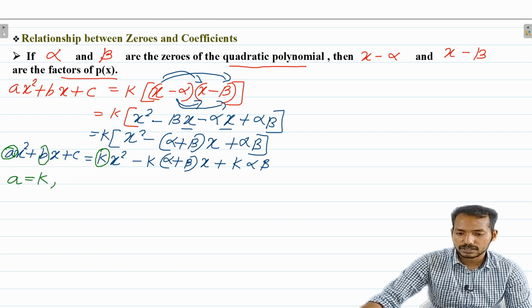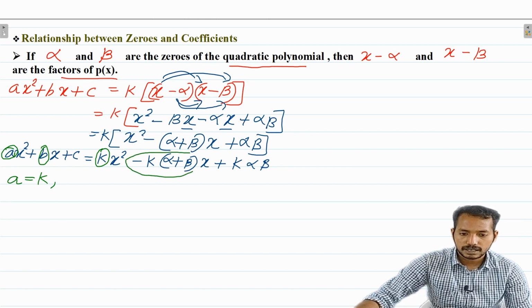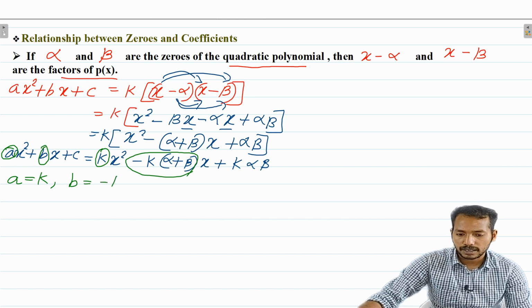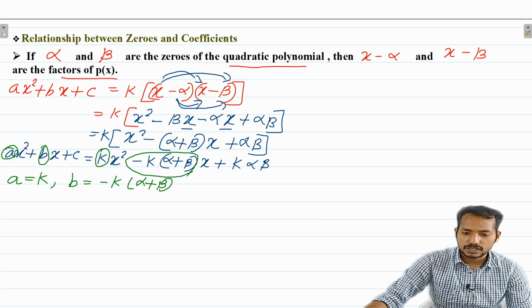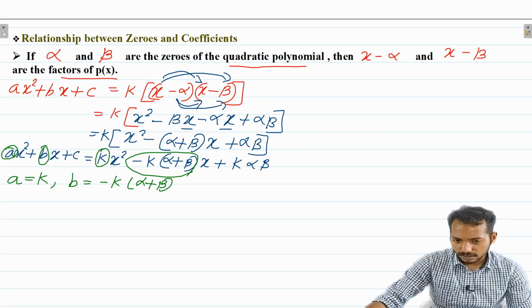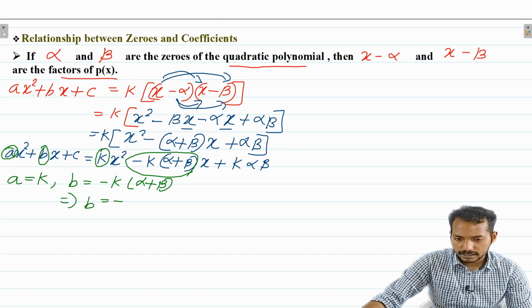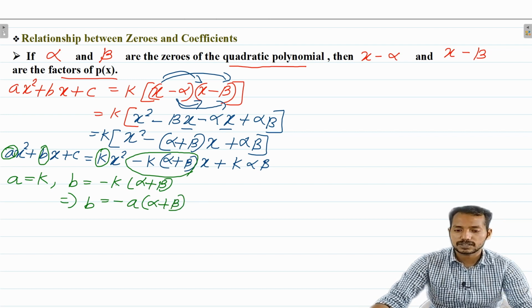Next, b is the coefficient of x. We get b is equal to minus k into alpha plus beta. That implies b is equal to minus a into alpha plus beta, because k is equal to a, which we already got in the first relation.